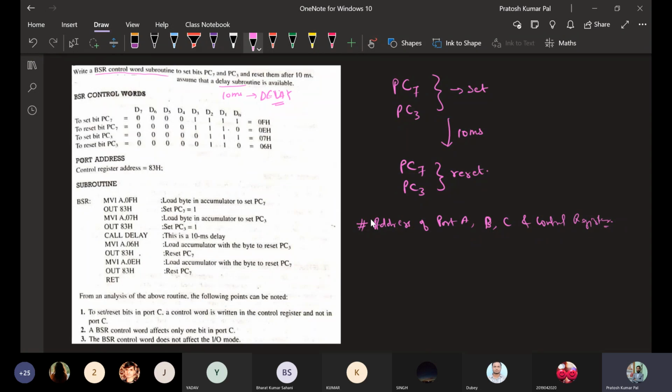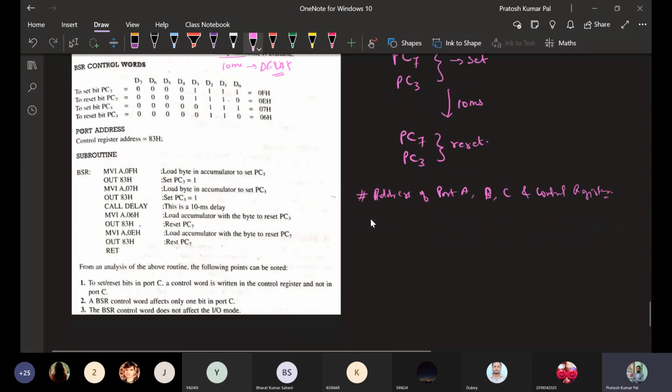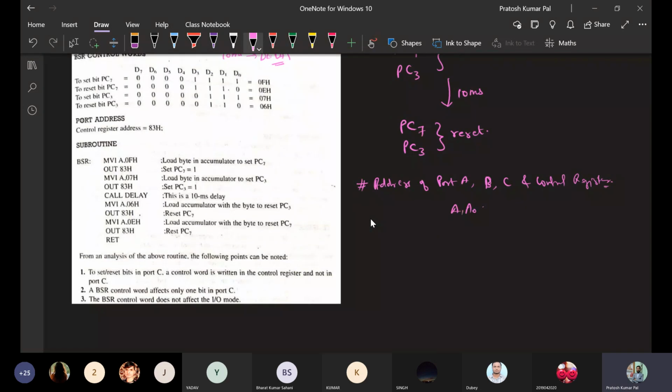For the port addresses, A0 and A1 will decide the port, and we can have A7 as 1 and all others as 0. So we can see that 80, 81, 82 and 83 come out to be the addresses.